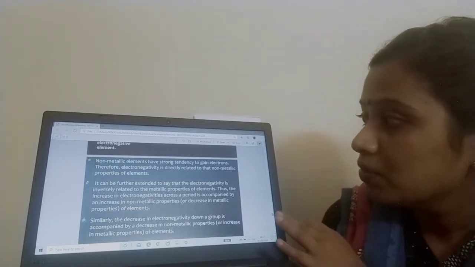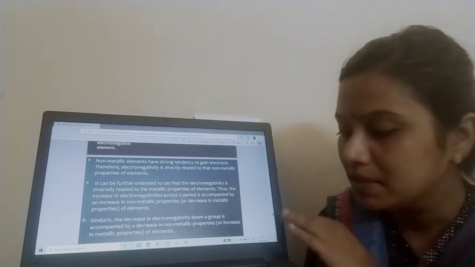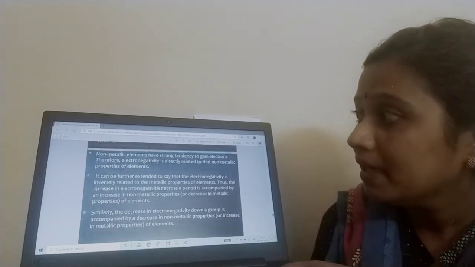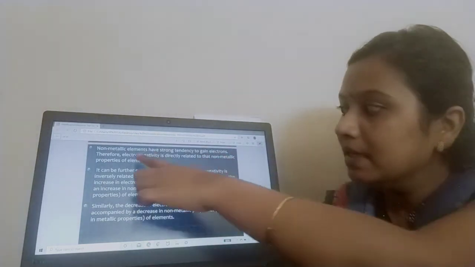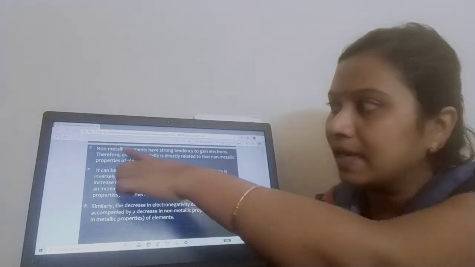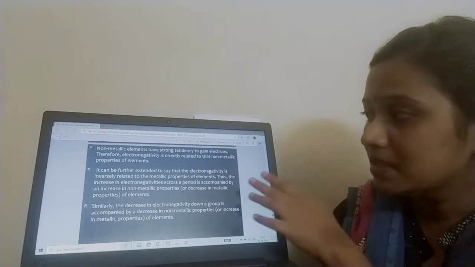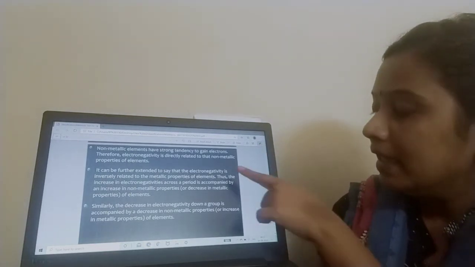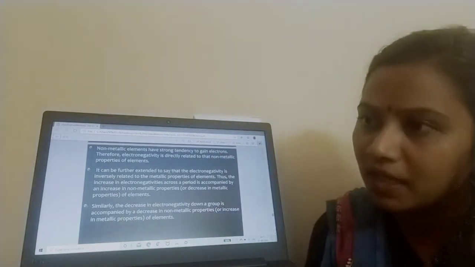This slide relates the metallic and non-metallic character of elements. Since non-metallic elements have a strong tendency to gain electrons, electronegativity is directly related to non-metallic character. Or I can extend this statement as electronegativity is inversely related to metallic property of the elements. Both are the same.